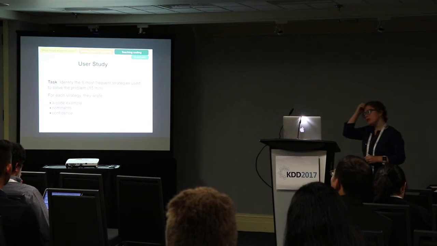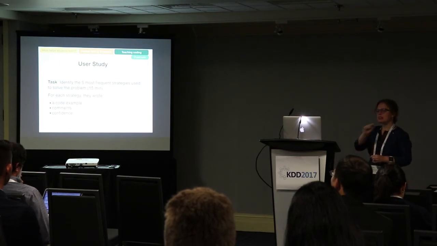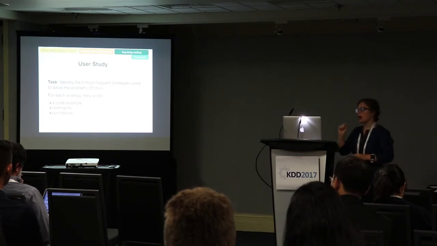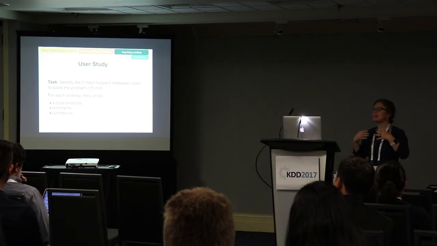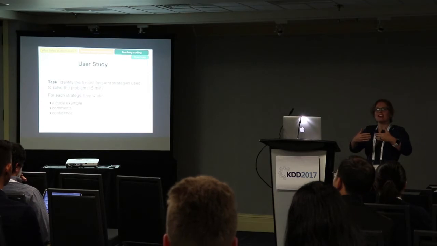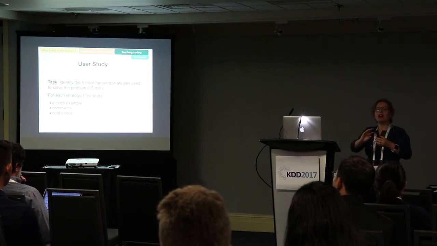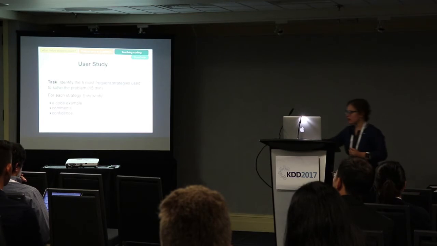And for each strategy, we asked them to capture a small code example, write a comment about what the student was doing well or poorly, and also to rate their confidence as to whether or not that truly was a frequent, non-trivial pattern, not a one-off.